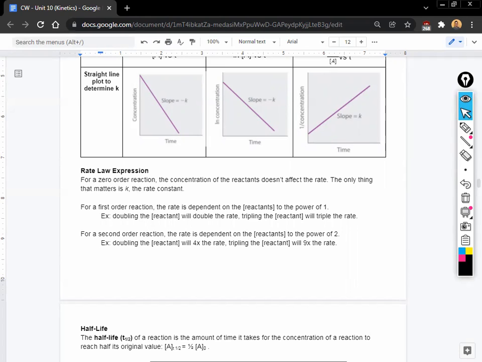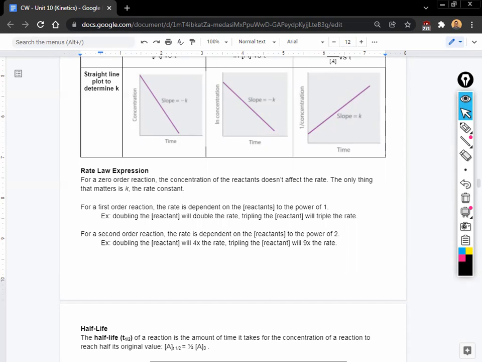You don't need to write down the examples if you don't need to. They're just there to help elaborate.